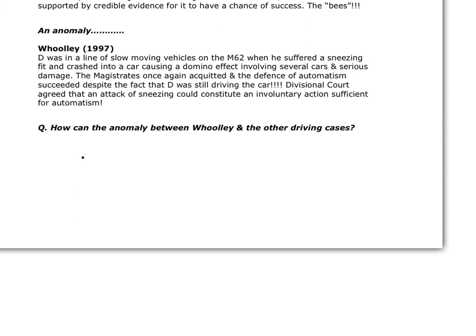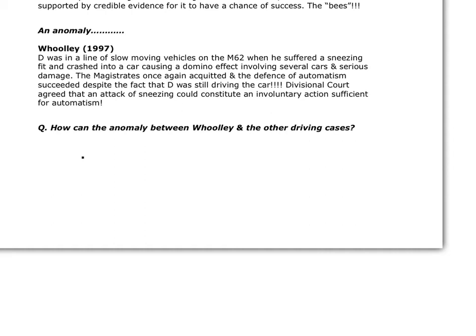The divisional court agreed that an attack of sneezing or a sneezing fit could constitute involuntary action and be sufficient for the defence. So it did succeed. Now, that is certainly out of line with the other cases. In all the other cases, the defence failed, whereas this succeeded. However, if you look at the bigger picture, it can be justified.